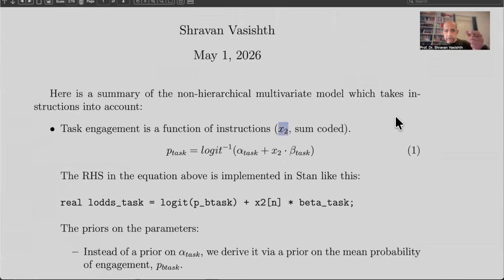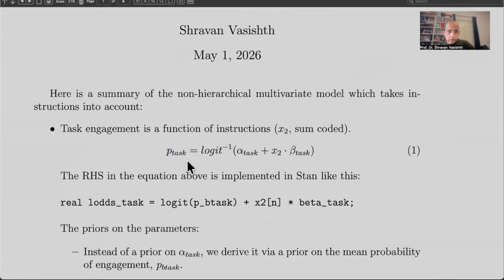Instructions is the variable x sub 2 plus 0.5 minus 0.5, coded for accuracy and speed respectively, right? So what we're going to do is that the instructions are going to modulate how much task engagement will be involved in the participant's mind.